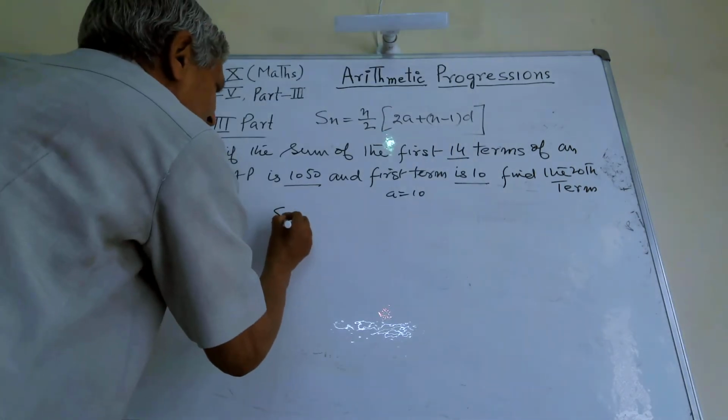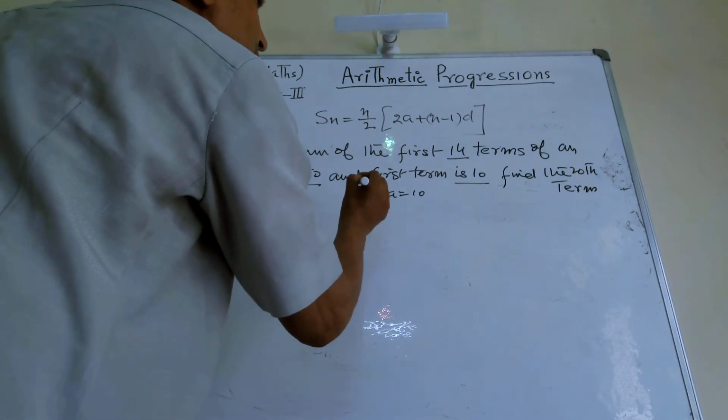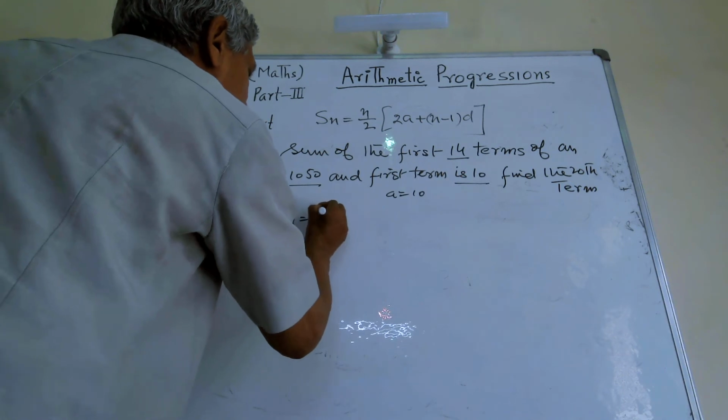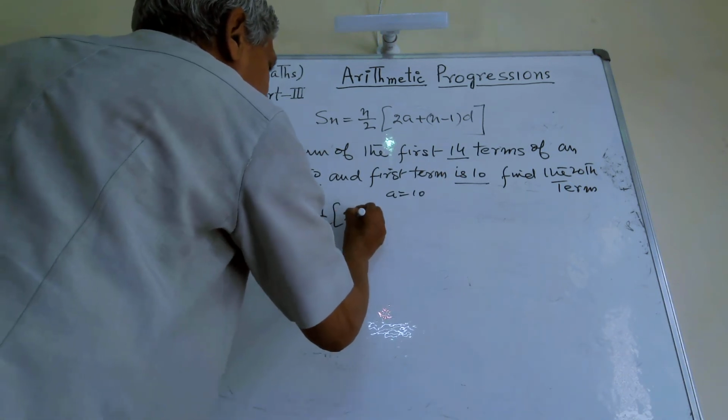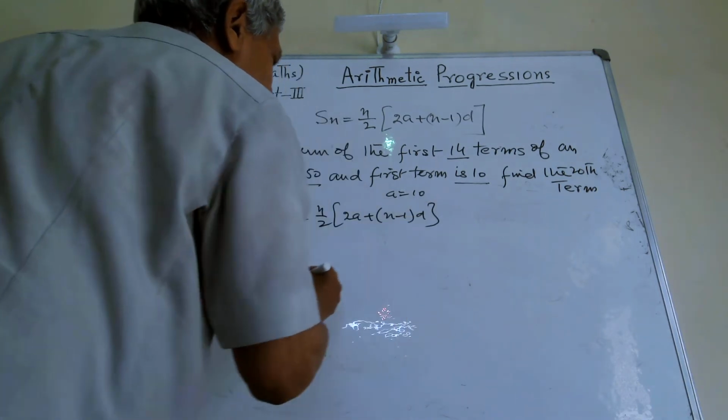Sn means the sum of 14 terms. Sn is equal to n by 2, 2a plus (n minus 1) into d. Apply this formula.